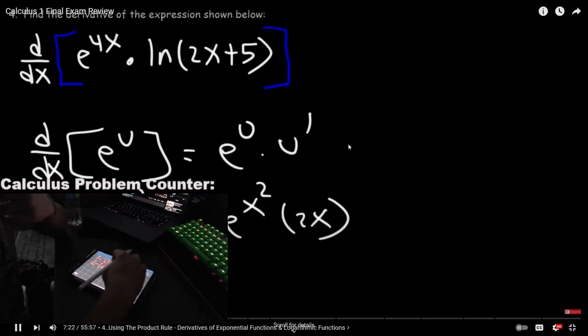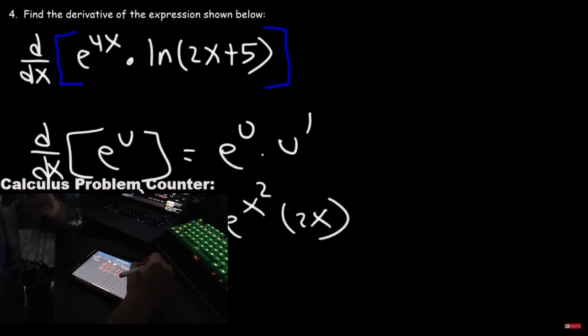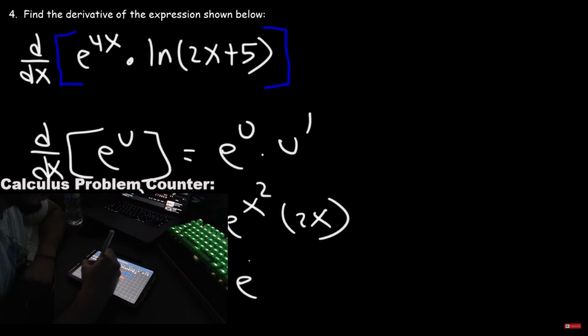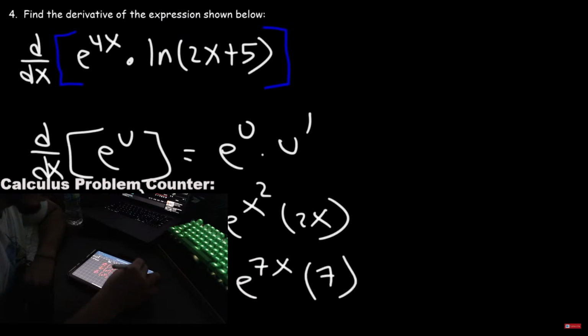Or, let's say if I want to differentiate e to the 7x, it's going to be e to the 7x times the derivative of 7x, which is 7.